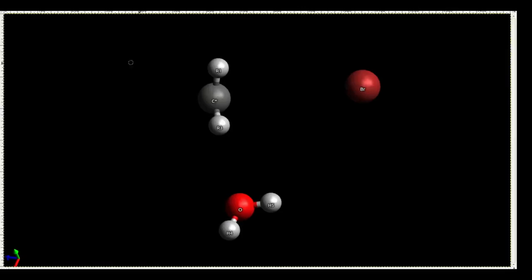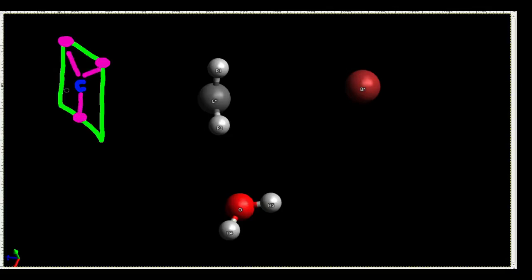So we can visualize this carbocation as a planar molecule, with the carbon at the center and the three alkyl groups, one here, another here, and another here, right? So that's your planar carbon.